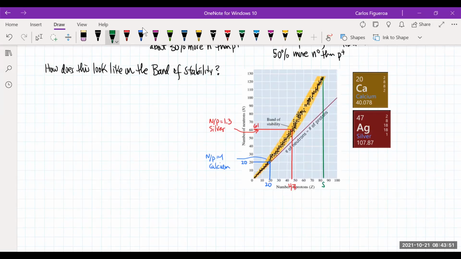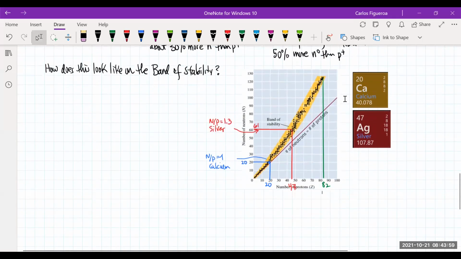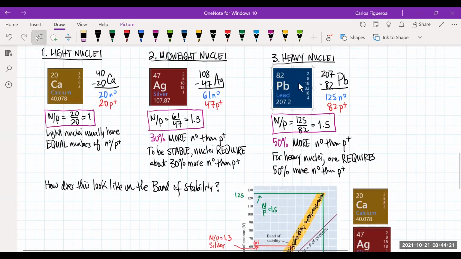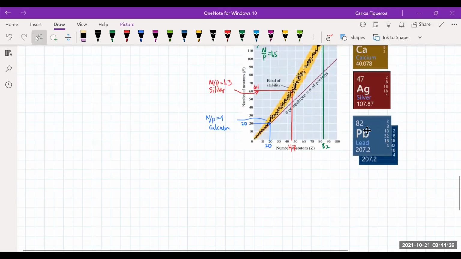So I'm going to say that this is 82, and then the number of neutrons is 125. So this number right here is N/P, and that's equal to 1.5. So that's what this graph is really showing us when I put these nuclei on this table. They're clearly showing the trend.